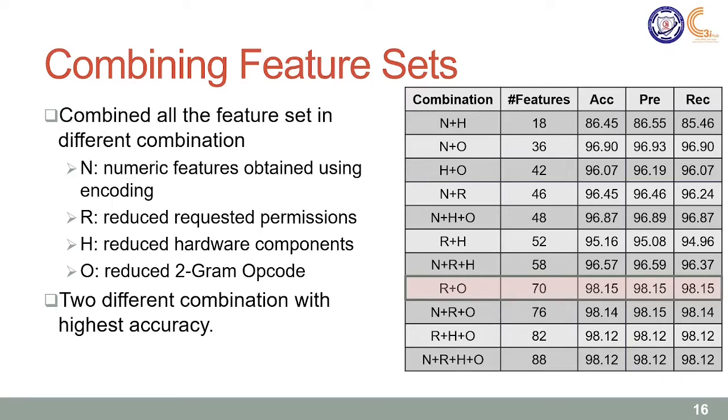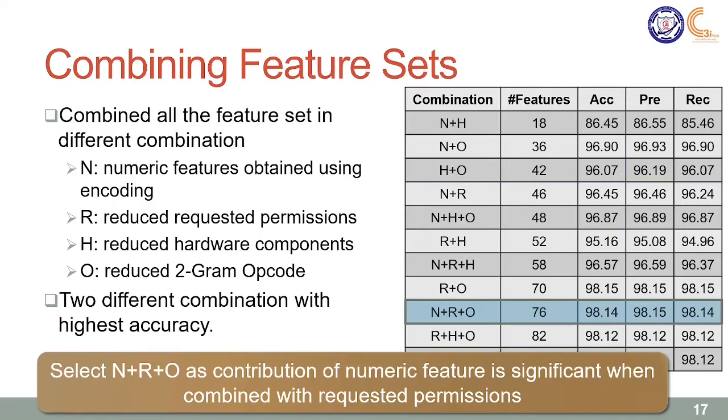First, a combination of requested permissions and opcode sequences, and second, the combination of numeric features, permissions, and opcode sequences. We select the second combination because the contribution of numeric features is significant when combined with permissions.